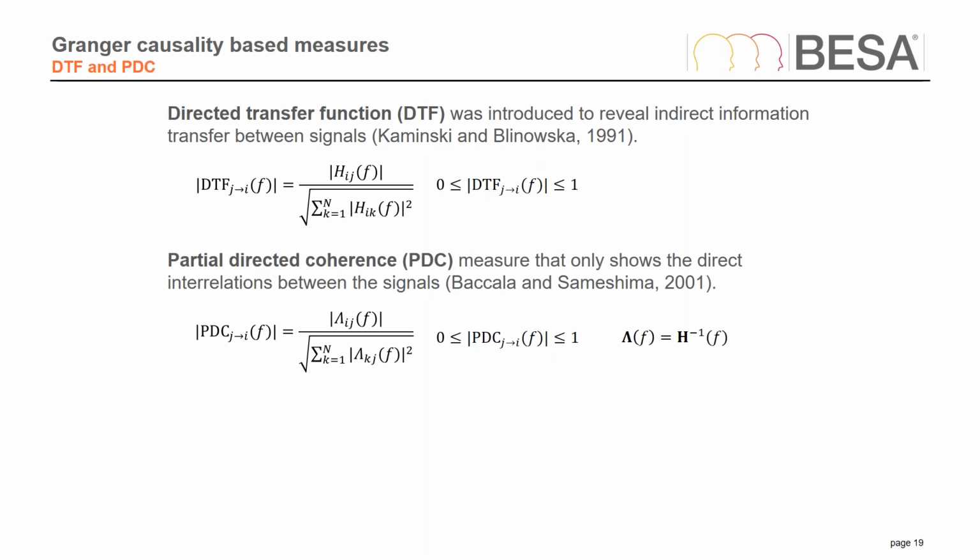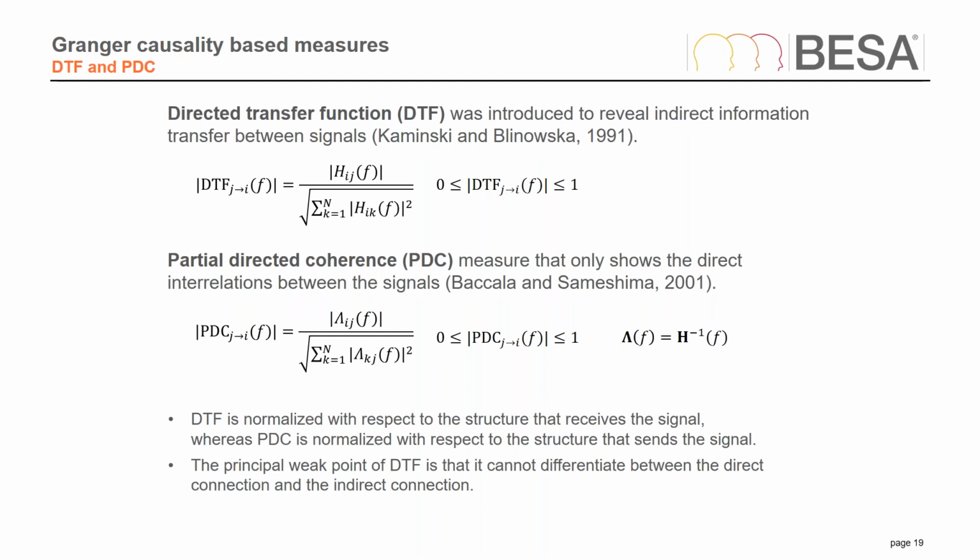So basically, directed transfer function includes direct and indirect transfer, but cannot differentiate between direct and indirect connection. And PDC, on the other hand, gets rid of indirect transfer and keeps only the direct interrelations.